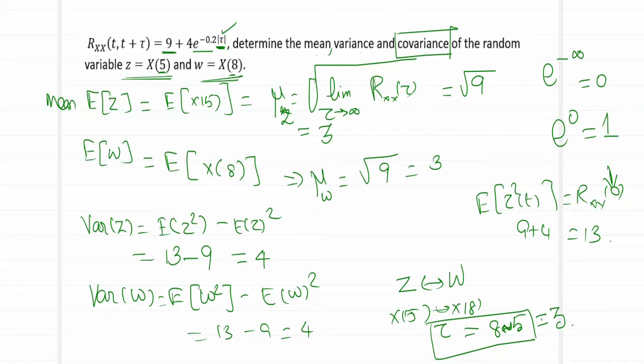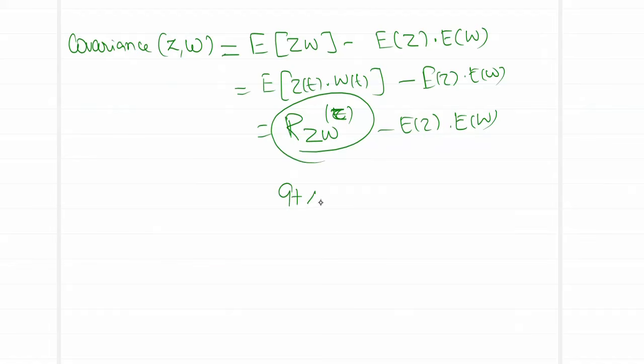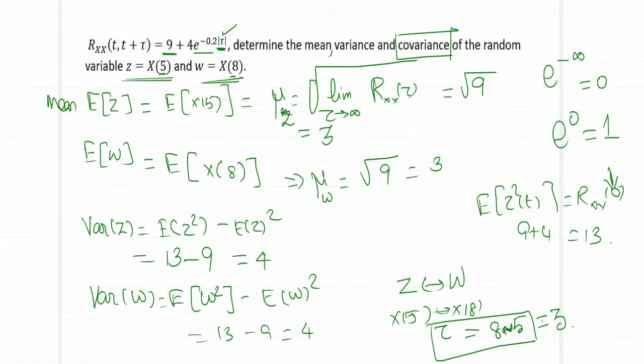So what we will have over here is 9 plus 4 e to the power minus 0.2 times modulus of 3. This is what I have for my autocorrelation when tau is replaced by 3. Then minus E of Z, which is the mean of Z, which we now know is 3, and E of W is also equal to 3.